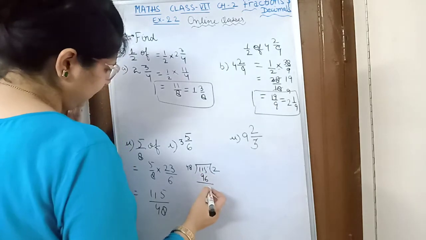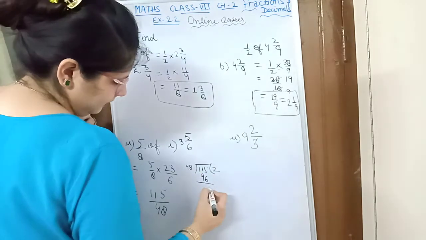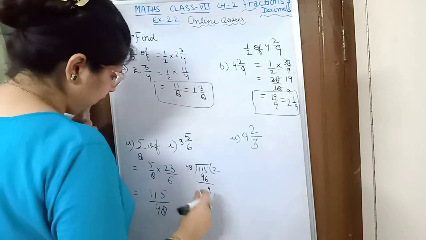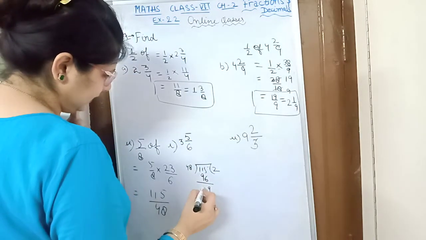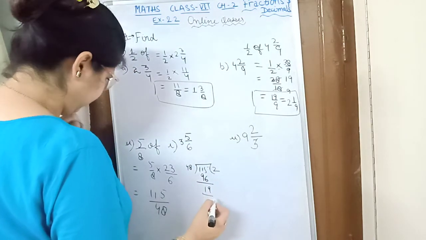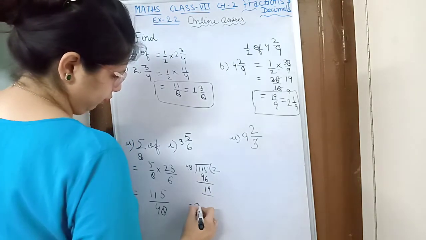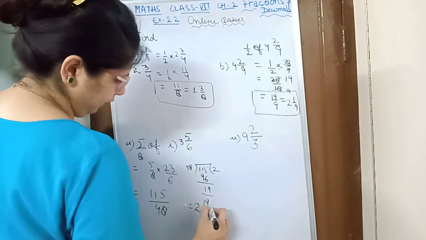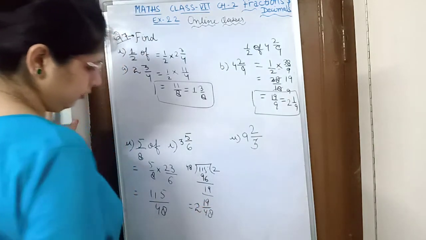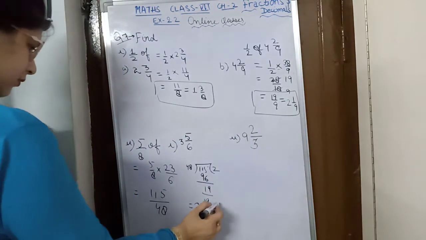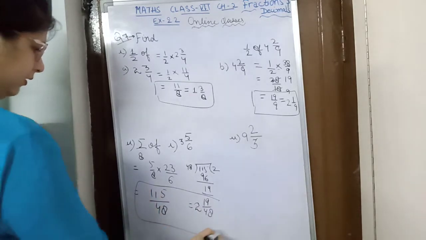So 15 minus 6 will be equal to 9, and 10 minus 9 is equal to 1. So your answer will be 2 19 upon 48. Okay, this is your answer of B part.